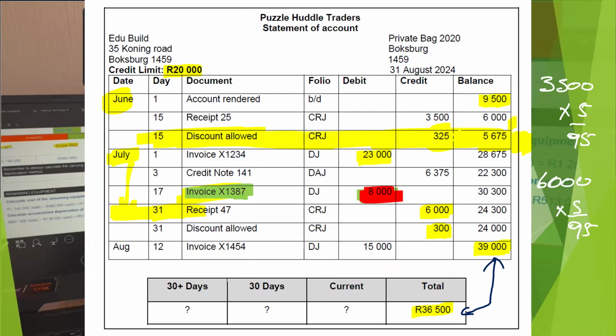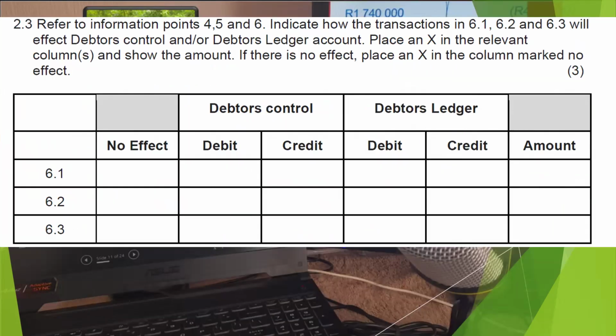To correct it, it will affect our debtors control. It will also affect our debtors ledger. So both of them have to increase by the difference between 325 and 184.79, if I'm not mistaken. So the difference here will be around 150.